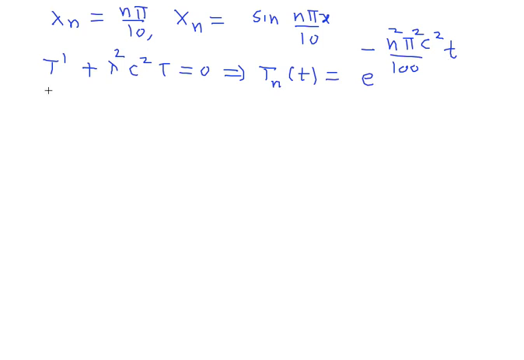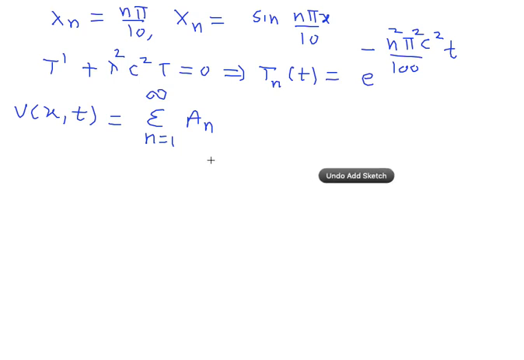Then the combined solution, the Fourier series solution v(x,t) equal to sigma n equal to 1 to infinity T_n(t) X_n, where X_n is sin(n pi x over 10).